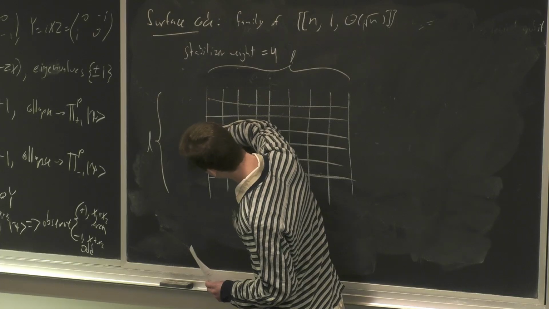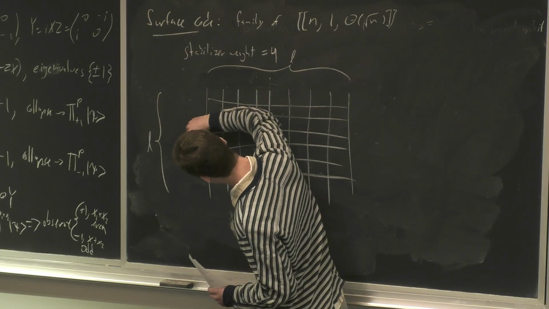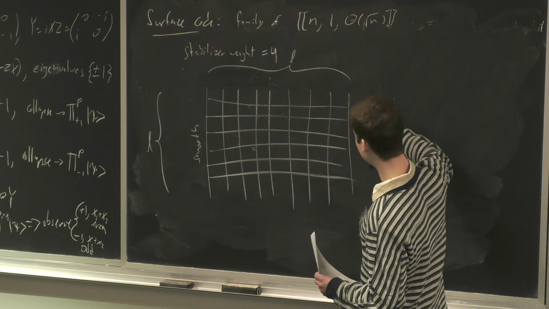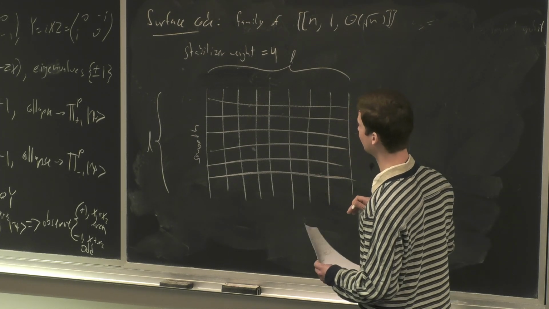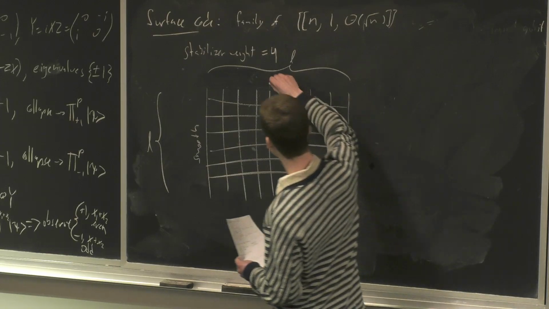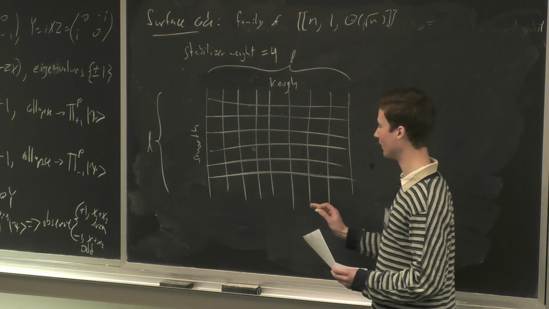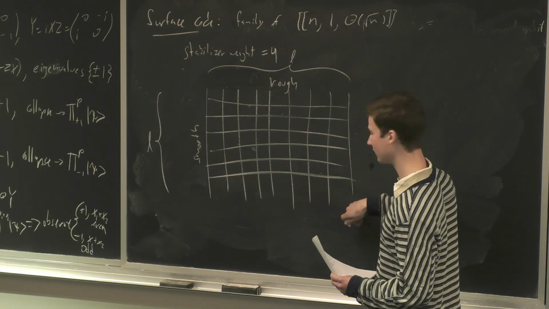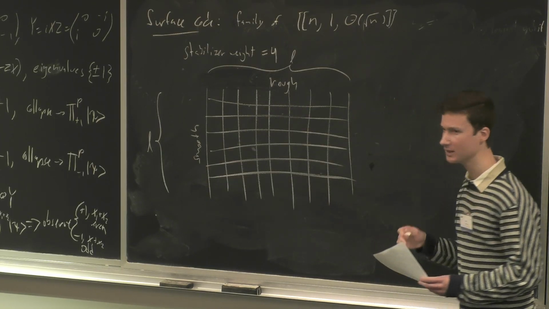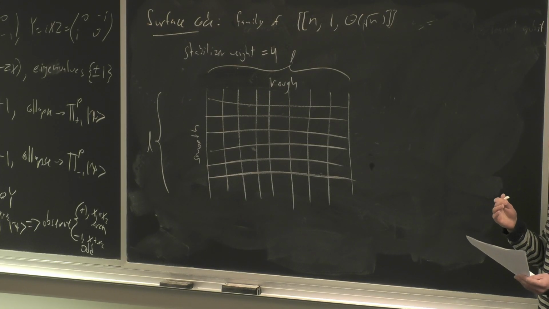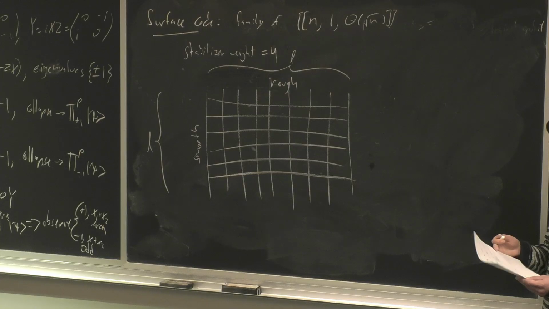I've drawn two different types of boundaries. On the left and right, we have what are called smooth boundaries, which is how you normally draw a grid. Whereas on the top and bottom, we have what are called rough boundaries, which means we have edges hanging off without any vertices on the edge. This is actually intentional. In some sense, having these two types of boundaries is going to give us our X and Z logical operators.